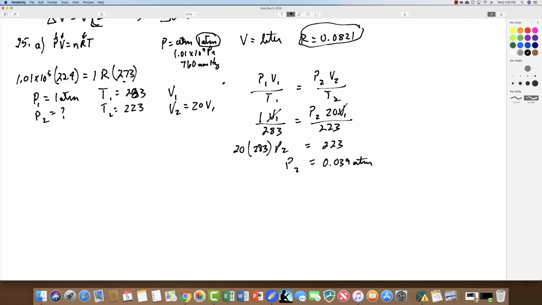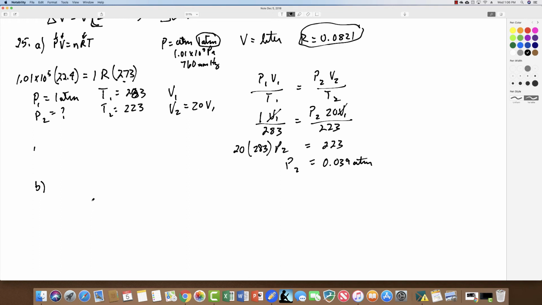Now, if you wanted to convert that, you could multiply that number times this if you want to convert it to pascals, or you can multiply by this if you want to convert it to millimeters of mercury. Now, the second part of this question is, what is the gauge pressure? Well, a gauge subtracts the surrounding atmosphere.